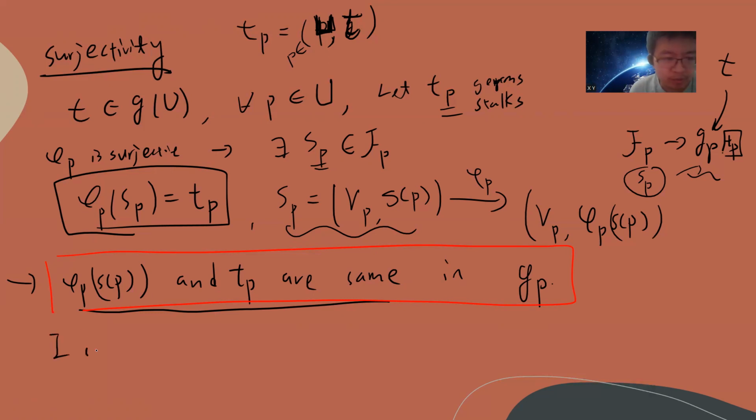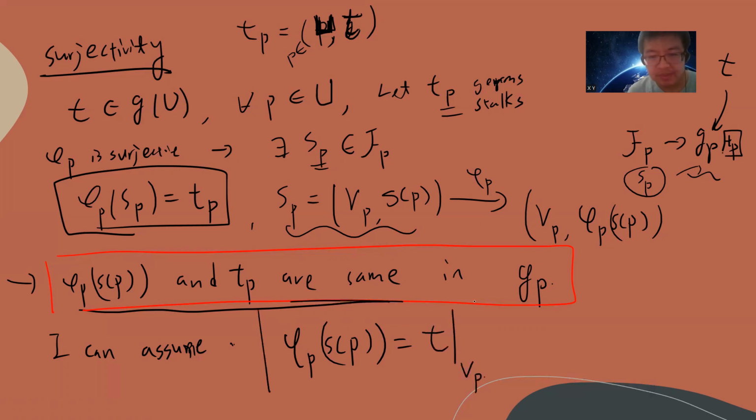So I can freely assume, at a smaller V_P, that I can shrink V_P to be very small such that these two are the same. Simply speaking, I can just force this to be true, because they are the same in the germs.